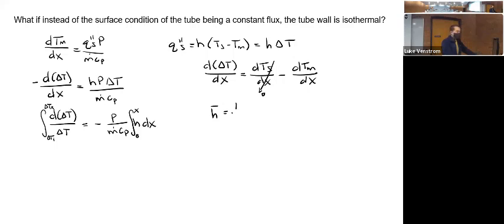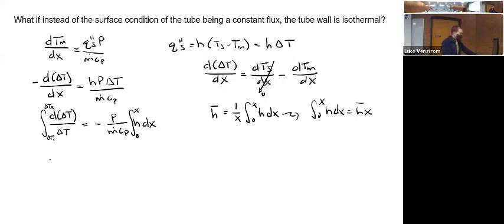It was 1 over x times the integral of 0 to x h dx, right? This is the average convection heat transfer coefficient that somehow accounts for all the heat transfer over that length. So notice if I multiply both sides of this equation by x, this basically says the integral from 0 to x of h dx is equal to h bar x. So I can make that substitution over here.